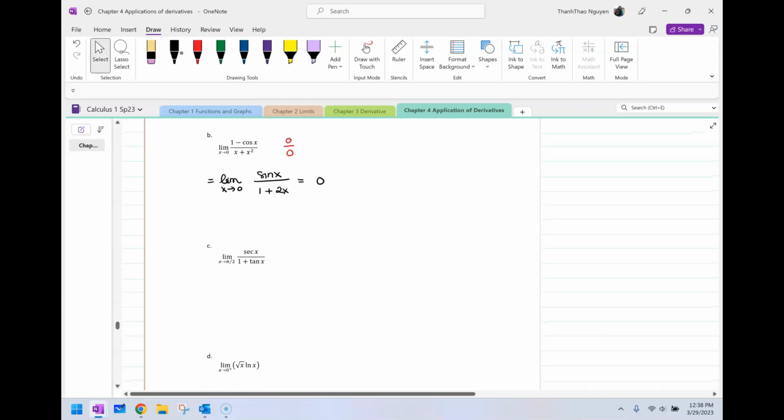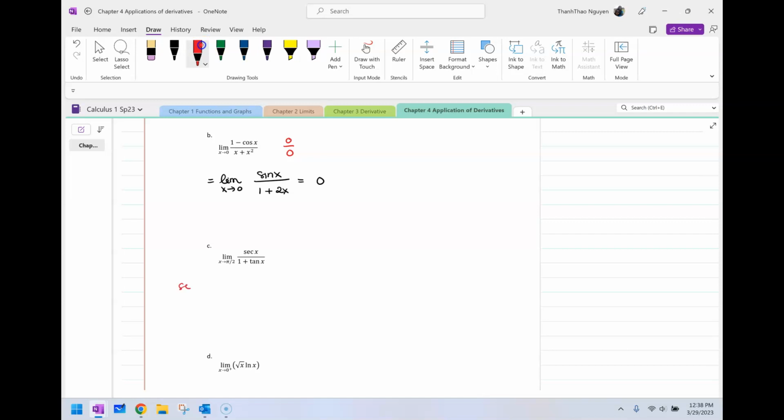What is secant of pi over 2? So recall secant of x equals 1 over cosine of x. So that equals 1 divided by cosine of pi over 2, that is close to 0, right?